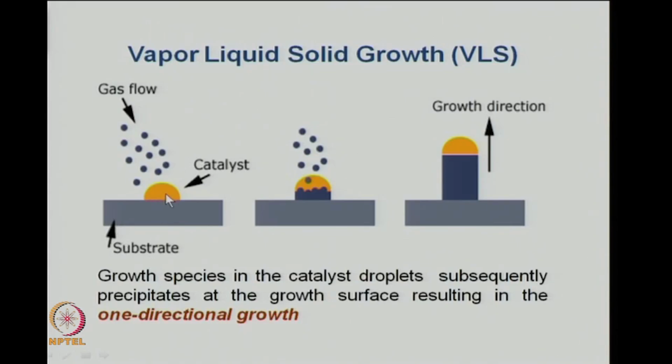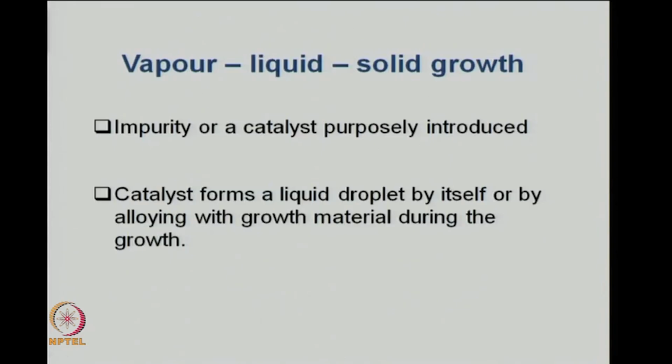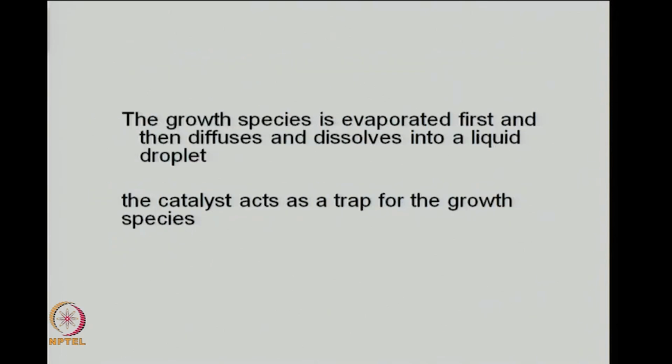So, either alone or in alloying with this substrate, it can form a droplet. So, either of them is possible. So, these 2 points tell you that you need a catalyst, and the catalyst will form a droplet on top of the substrate, either individually or taking some substrate molecules along with it to form the droplet.